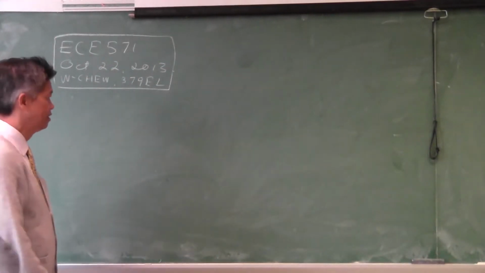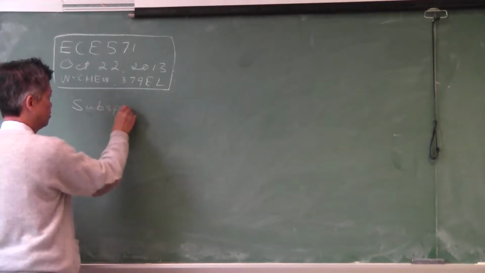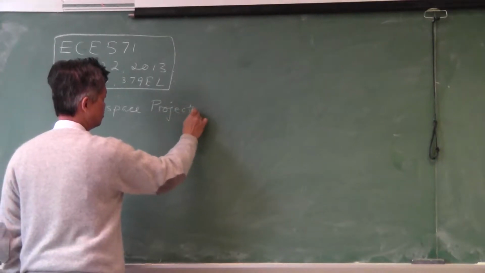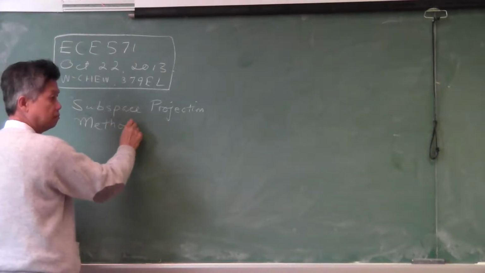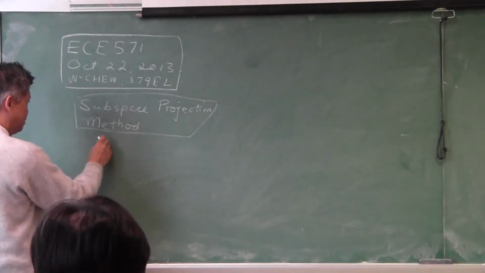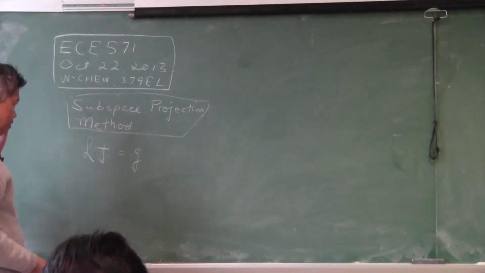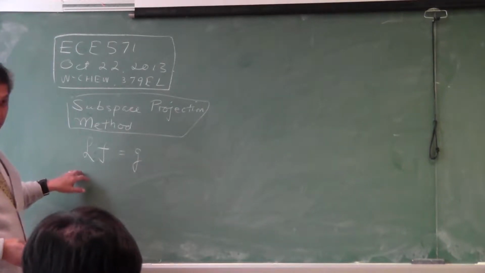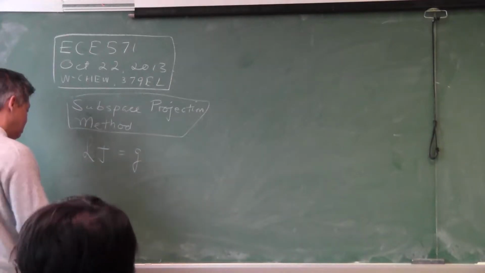We've been working on the subspace projection method. Essentially, we start out with a problem in an infinite dimensional Hilbert space that we can define as such, and then we cannot solve this problem on the computer, so we work on subspace projection.